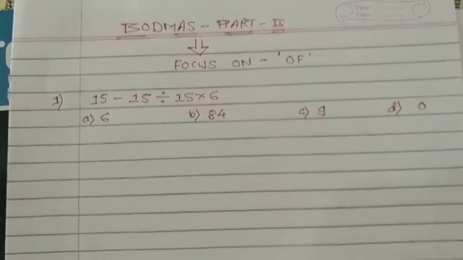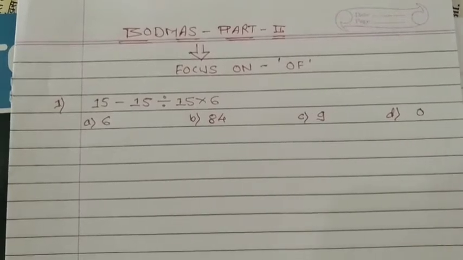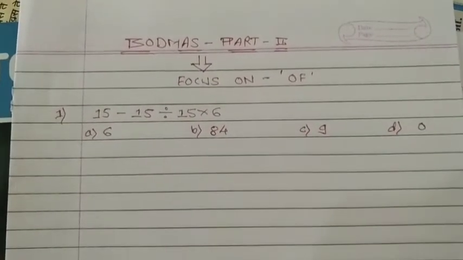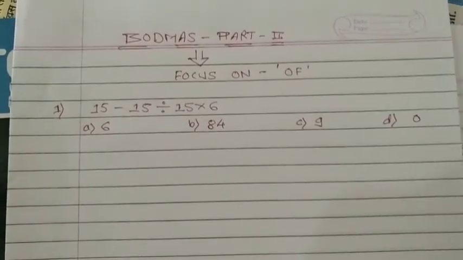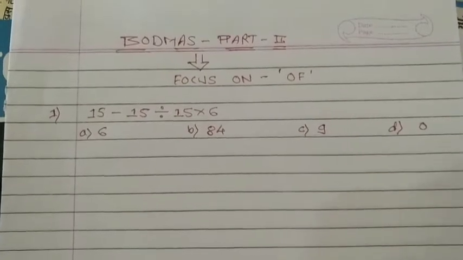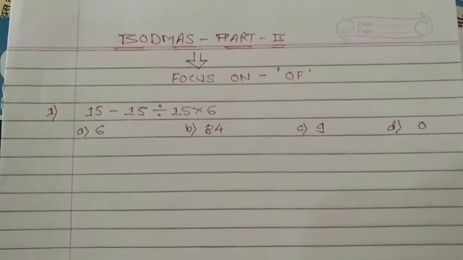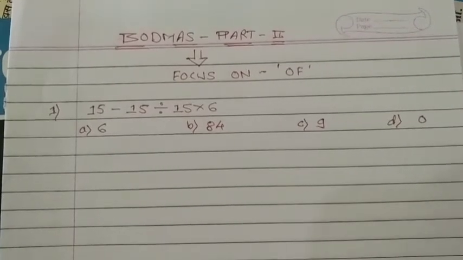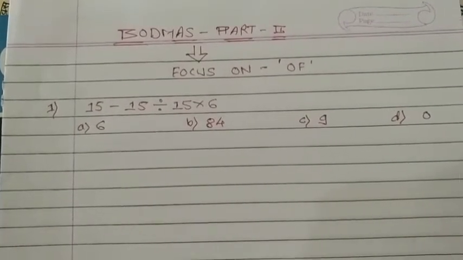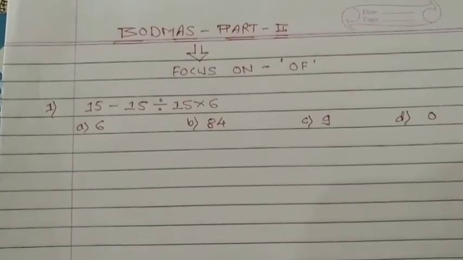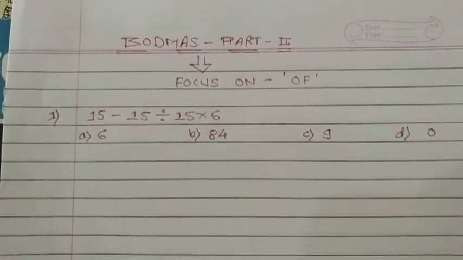Most of the students have mistakes of basic concept. I had already told you BODMAS means B stand for bracket, O stand for of, D stand for division, M stand for multiplications, A stand for additions, S stand for subtractions.